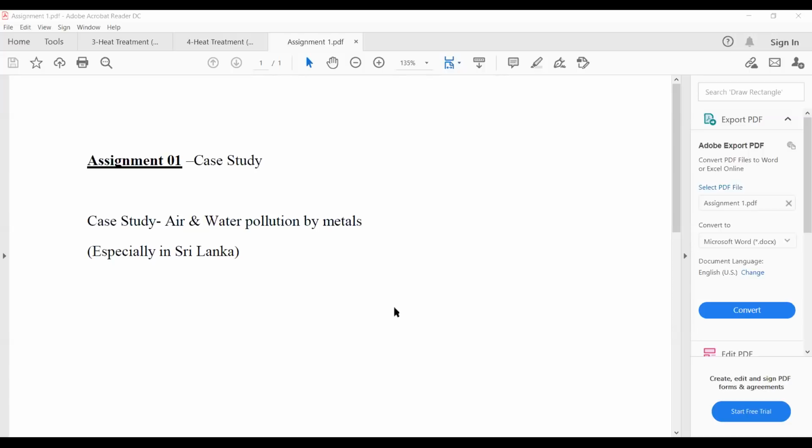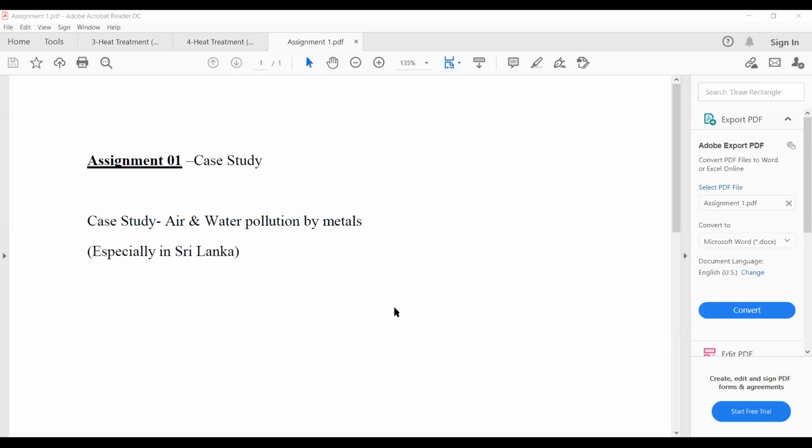So for the 5 ways, you have to write a minimum of 5 pages. The minimum is 5 and the maximum is 10. Don't go for more than 10 pages, there's no need. Think and write down only the important things.